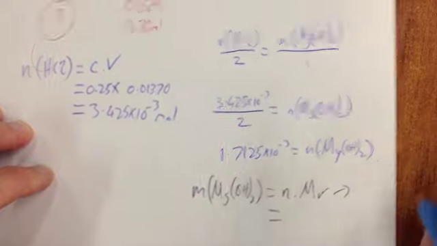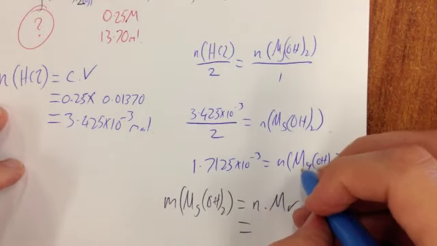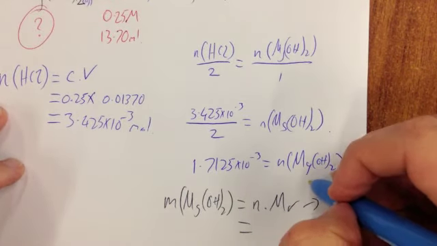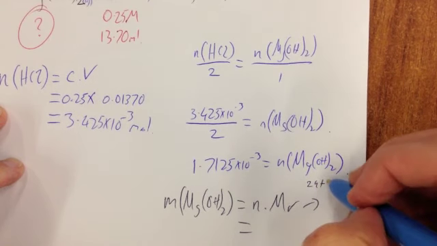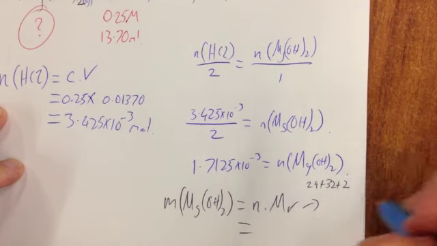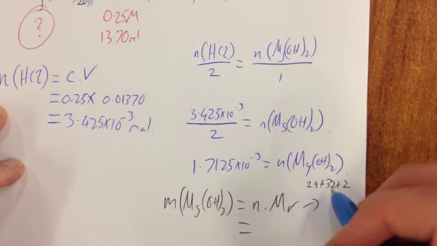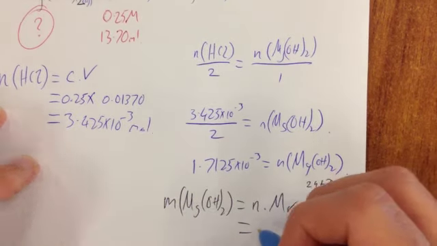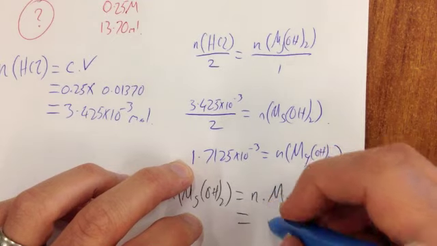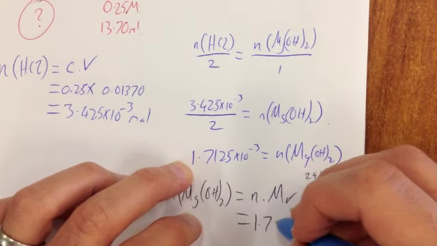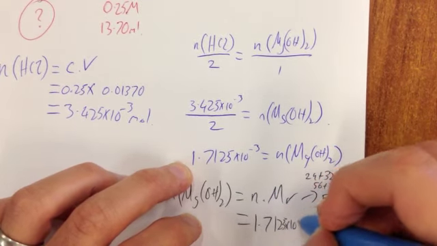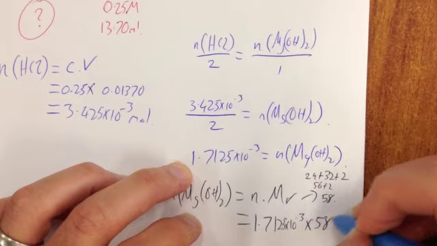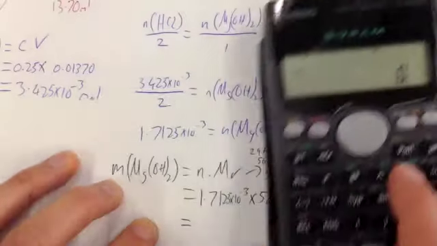My molar mass is going to be, what is it? Magnesium is 24, plus 2 oxygens is 32, plus 2 hydrogens is 2, so 34, plus 24 is 58. So it's going to be 1.7125 times 10 to the power of negative 3 times 58. It's going to be my mass of this.